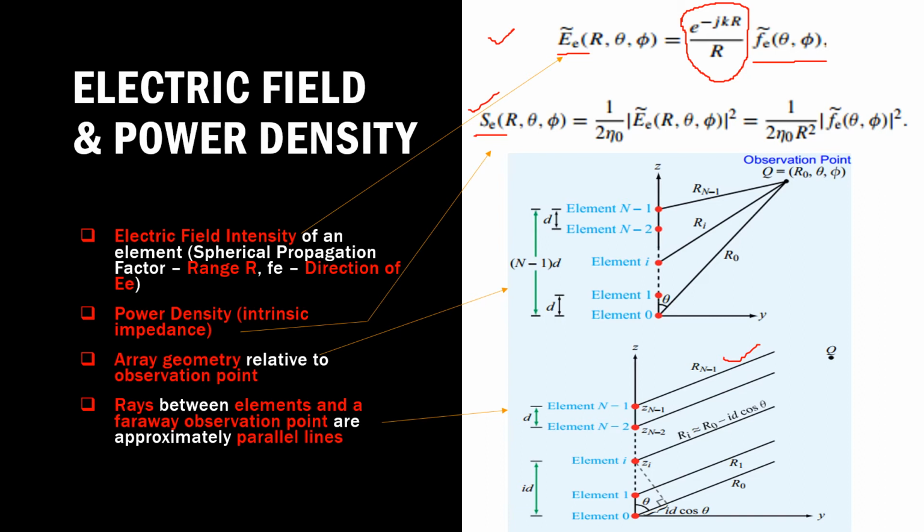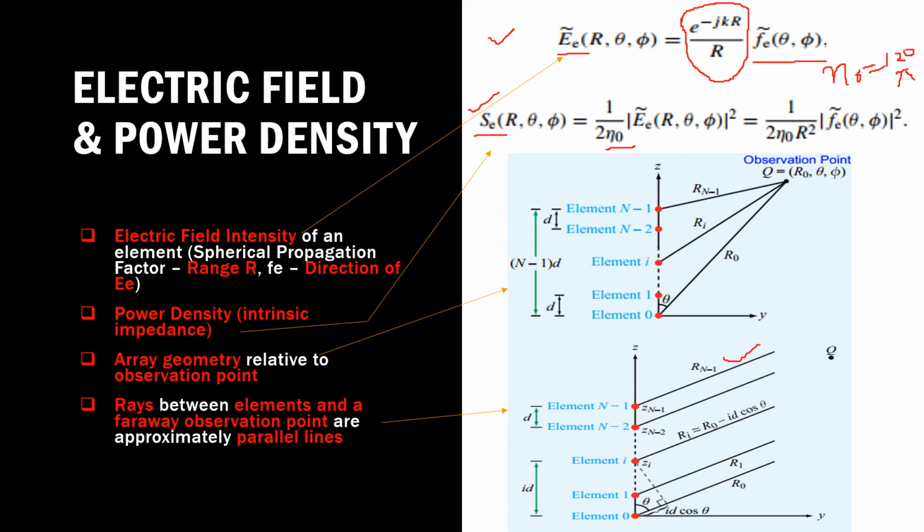Now in this equation we can see that in the denominator we have one symbol, eta naught, that is known as the intrinsic impedance, and intrinsic impedance is equal to 120 pi.